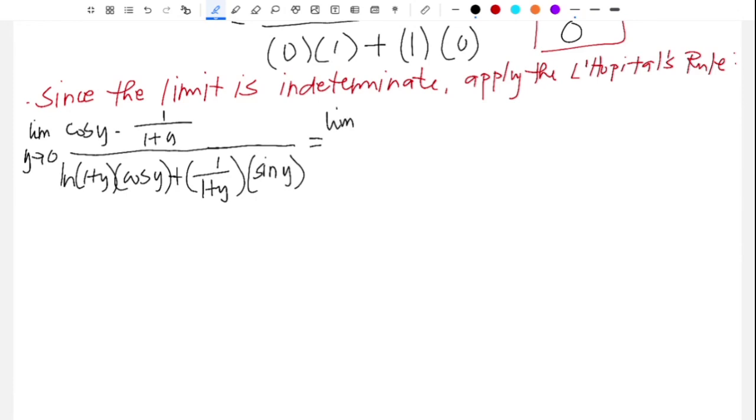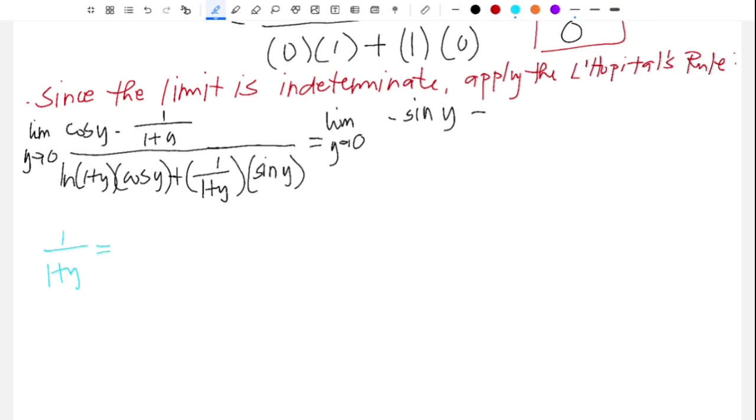Okay, let's copy our limit as y approaches 0. Now, let us get the derivative of our cosine y. The derivative of cosine y is negative sine y. Copy our sine, and from here, let us derive this term here. We have 1 over 1 plus y.